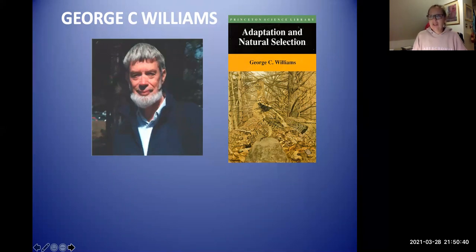And if you want to publish in the Proceedings of the National Academies of Science, you have to get somebody who is a member to say, yes, this paper should be published. And George Williams helped me and my boss at the time get a paper published, which is pretty badass.